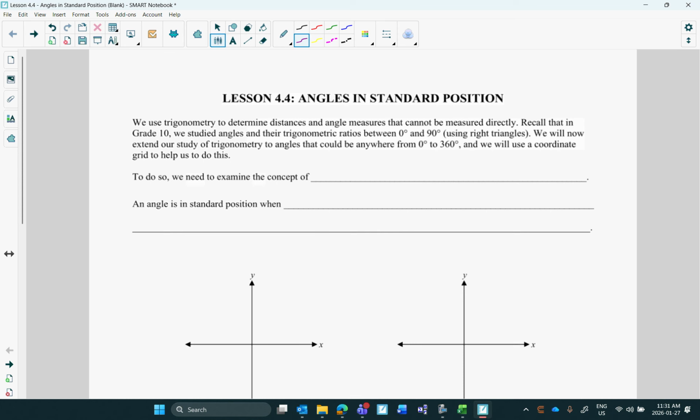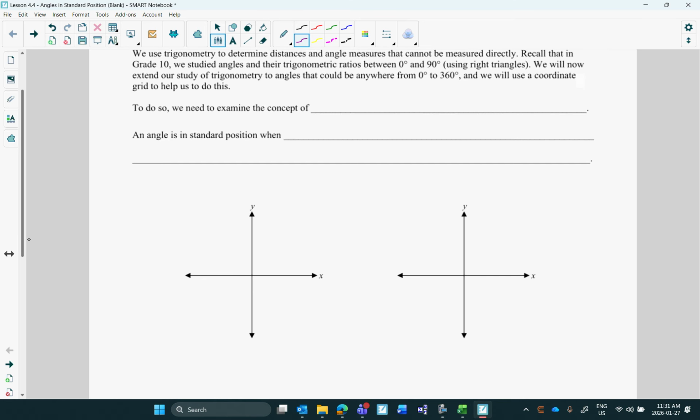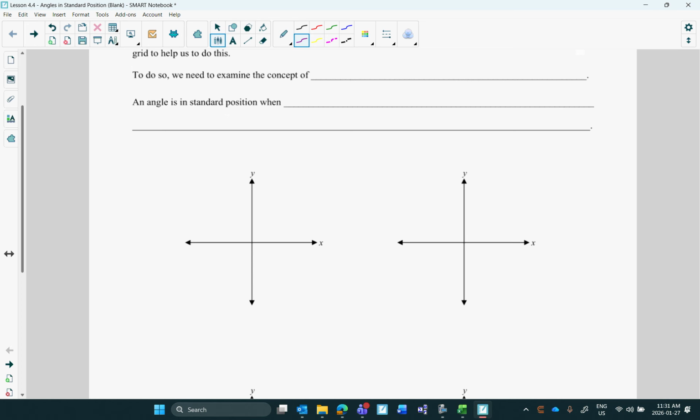So to do that, how do we do trig with angles greater than 90 degrees? Because you guys haven't done that before. Well, the first thing we need to do is use a coordinate grid to draw angles.